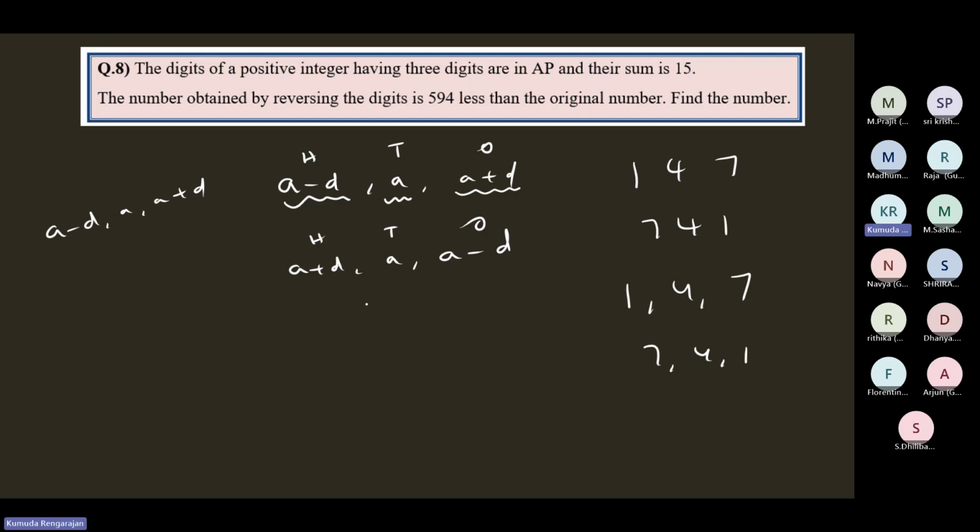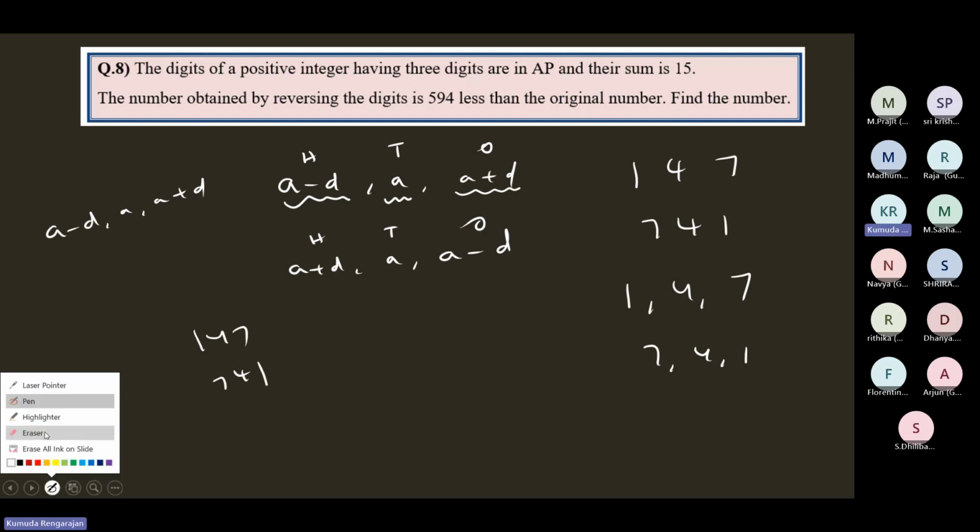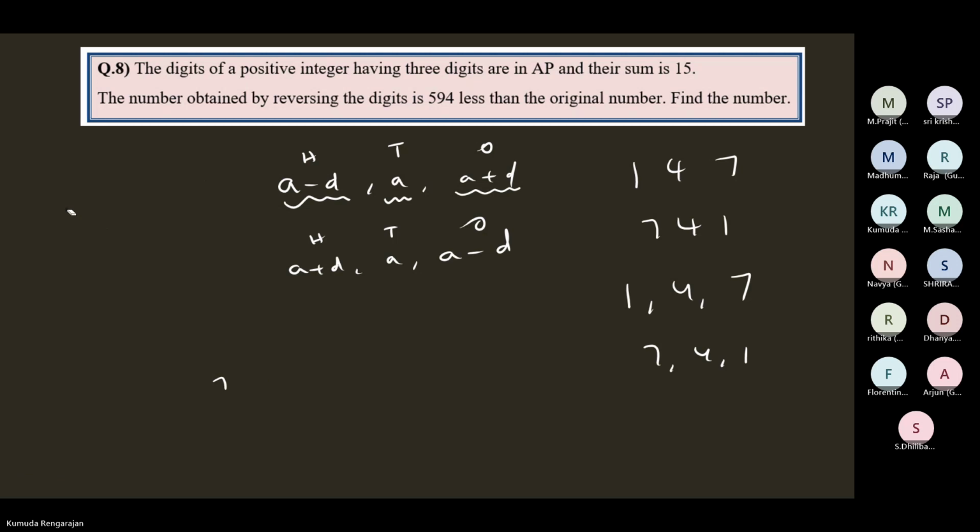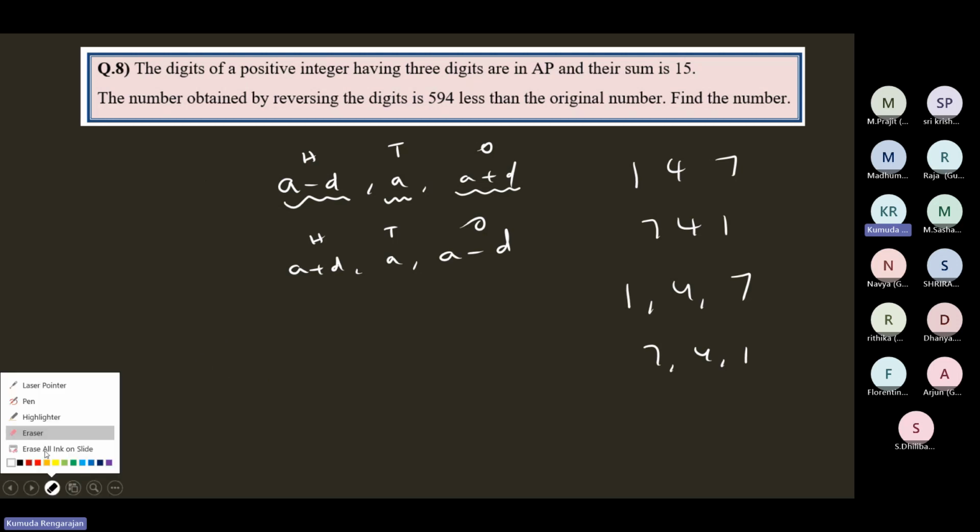But here it is a number, so 147 is different from 741. So you have to do both the assumptions. One is let the hundreds digit be A minus D, tens digit be A, ones digit be A plus D. The other assumption is A plus D, A and A minus D.